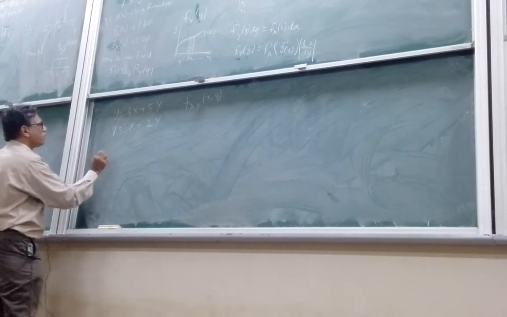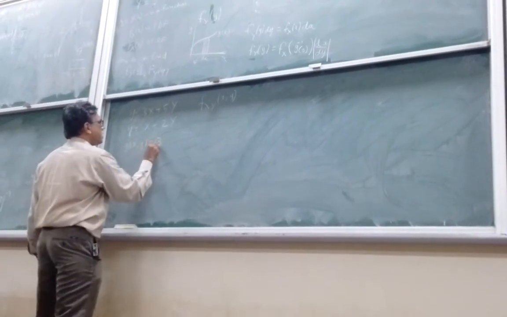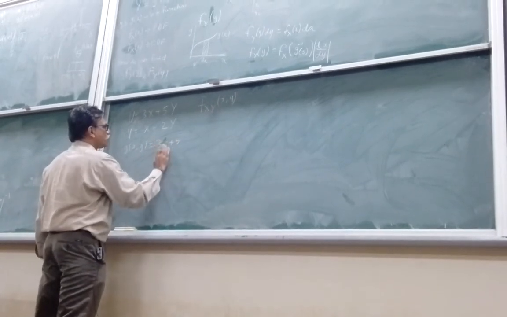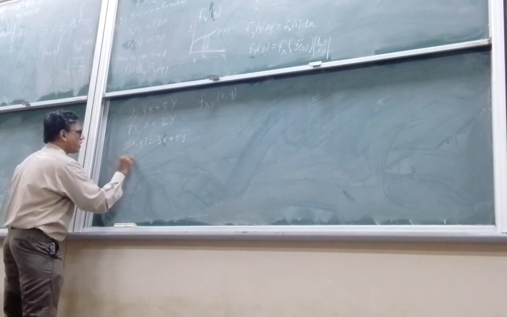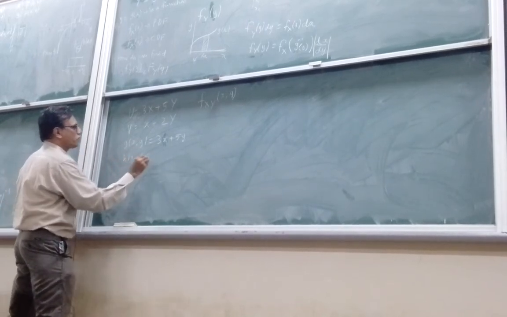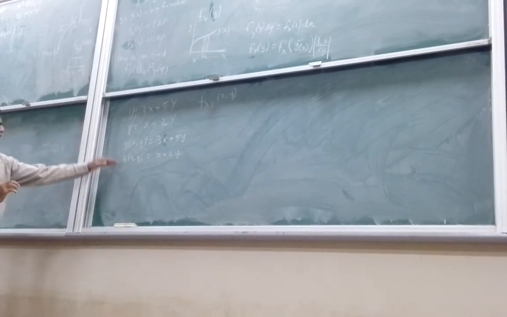So what we mean here is g(x, y) is 3x plus 5y. I will put small letters. And h(x, y) is x plus 2y. So this is what is given, and we will try to follow these steps.